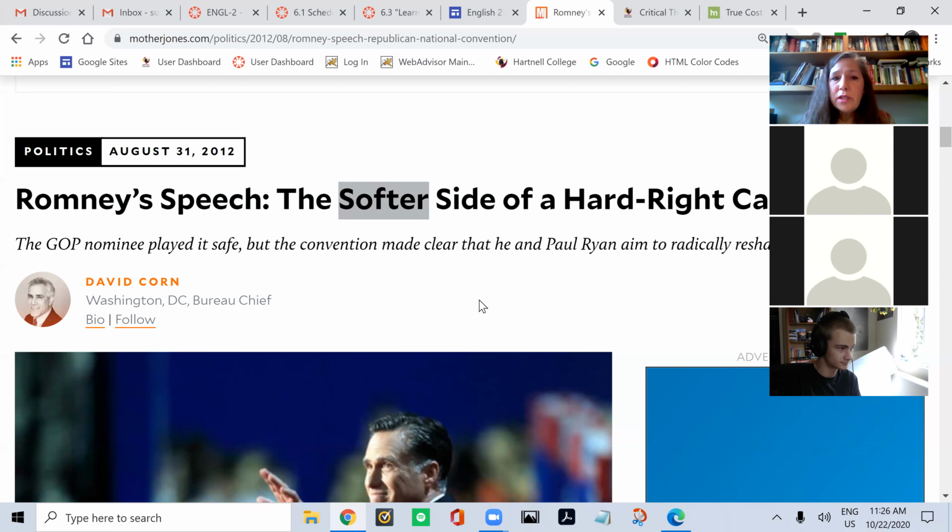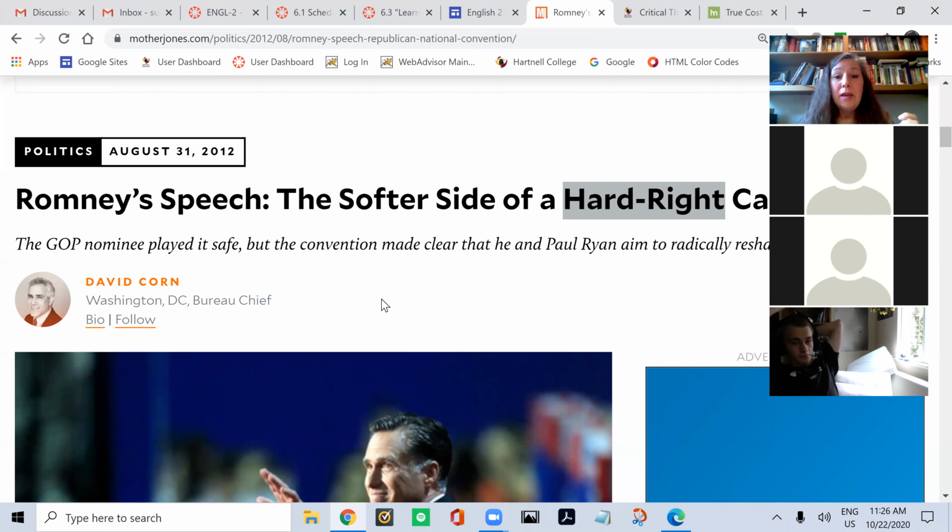You can tell just from the title that what Corn is arguing here is that Romney was presenting himself as a moderate, a political moderate, sort of in the middle, not a hard right, not a neoconservative. But Corn is saying, he's hard right. Don't be fooled, audience.